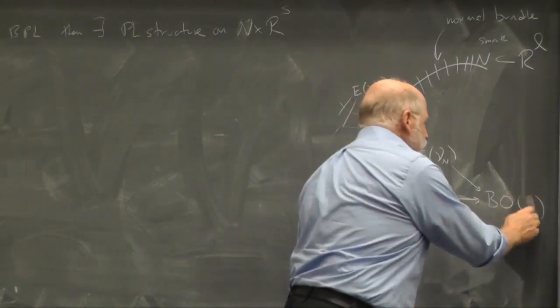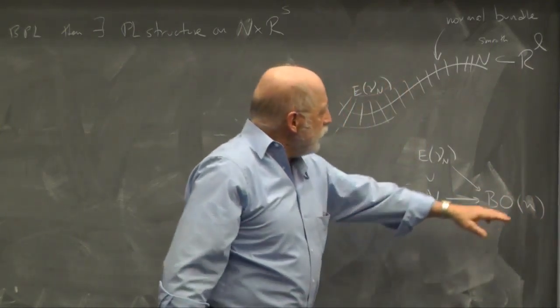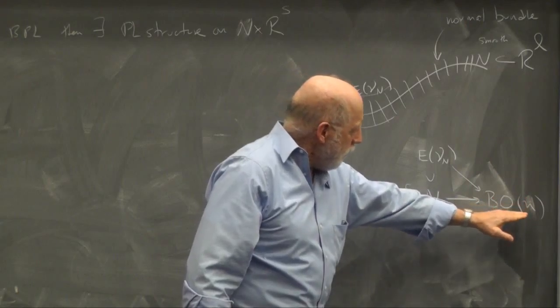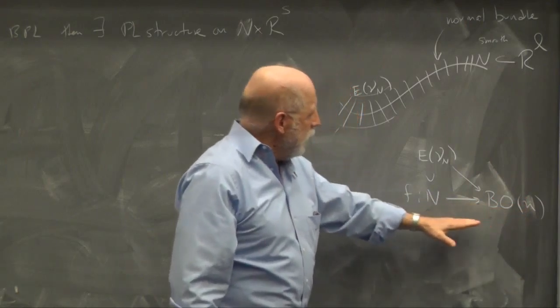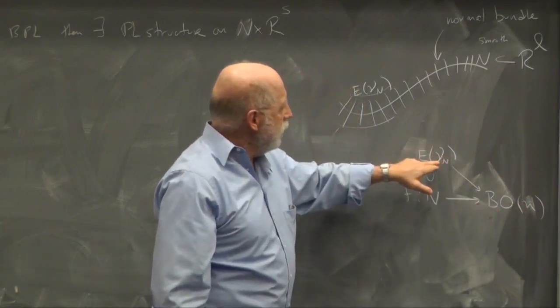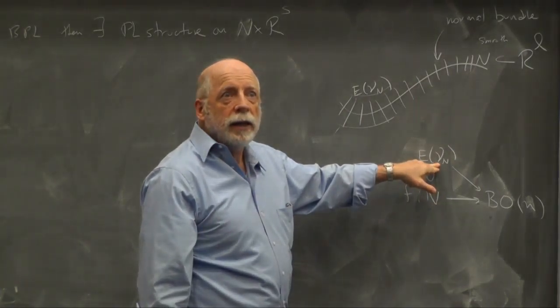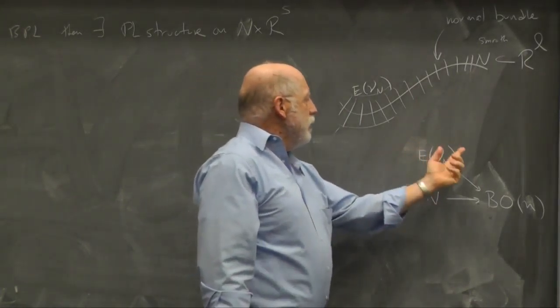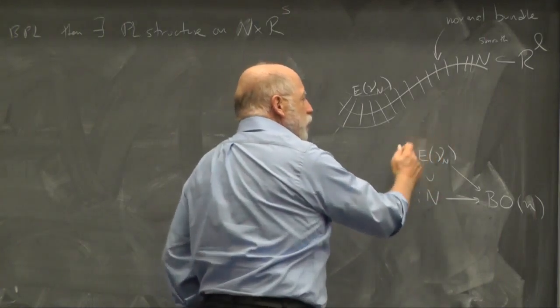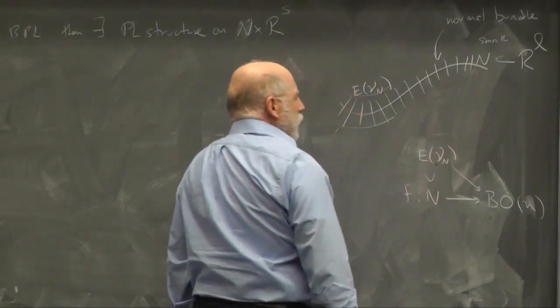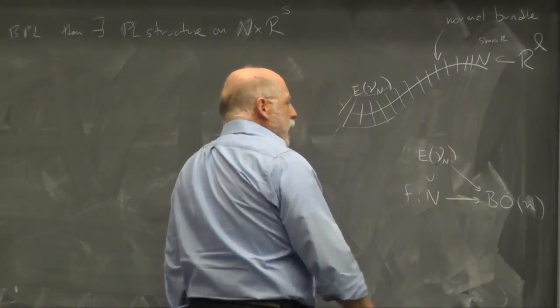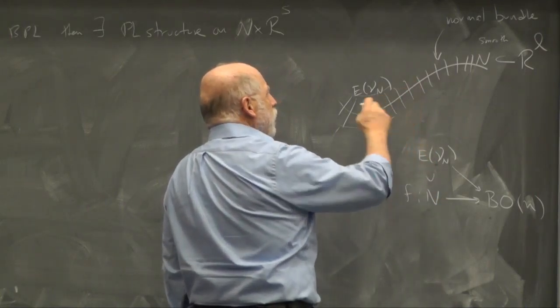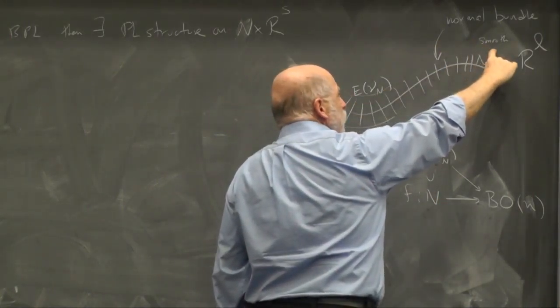Well, it's really, I suppose, N. So we have this map into BO_N, and that bundle pulls back to the total space. And that means then that the bundle over this total space has a smooth structure.